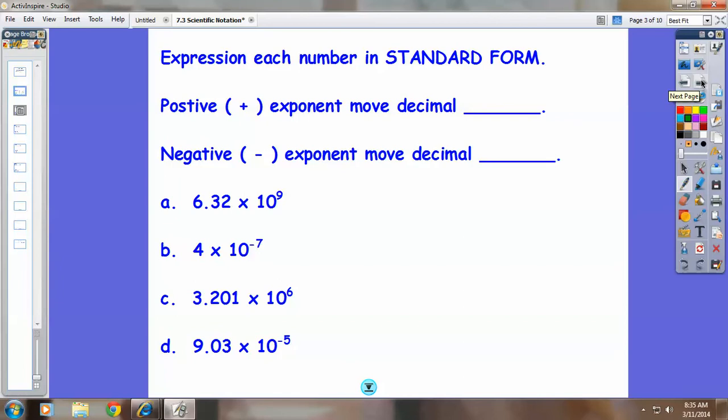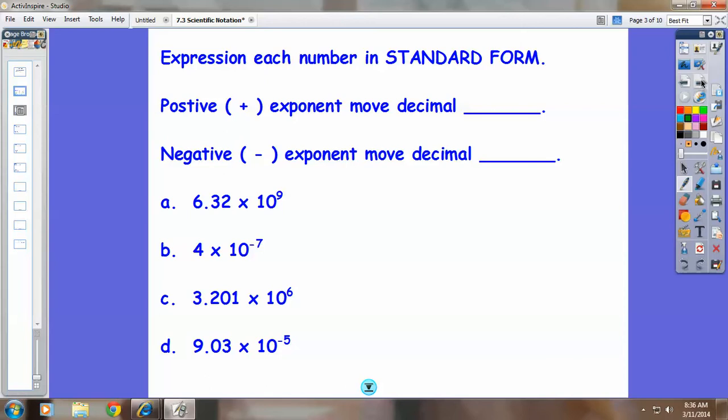It says express each number in standard form. So if our exponent is positive, what direction are we going to move that decimal to make it a really big number? No. It's a positive exponent. We want to make it a big number. Look at example A. This is a positive exponent. We want to make it a big number.